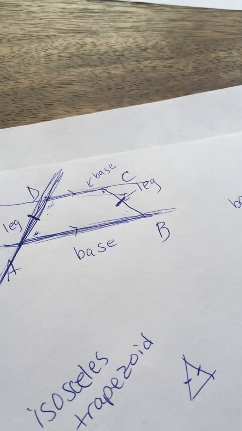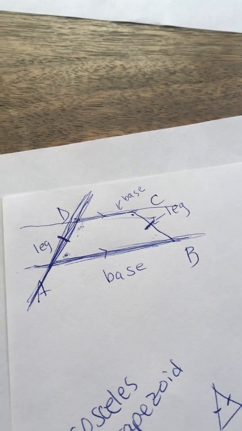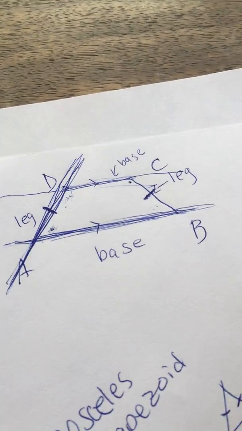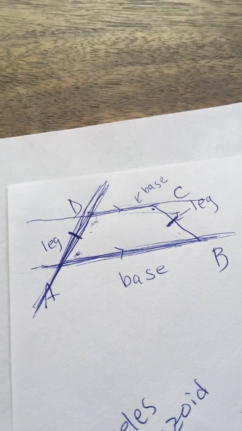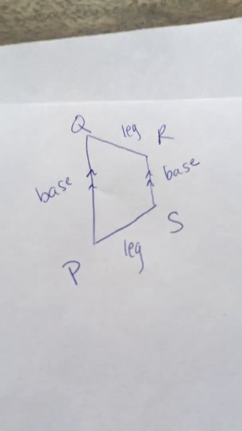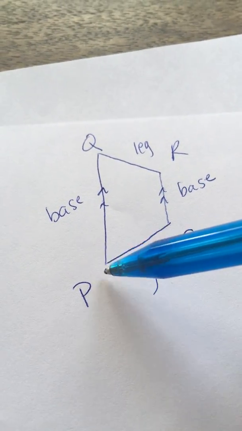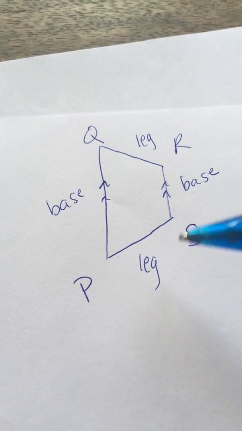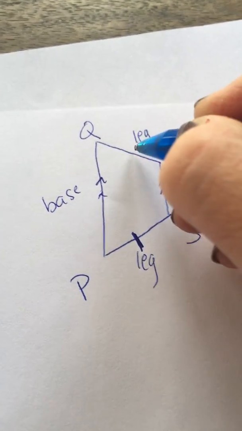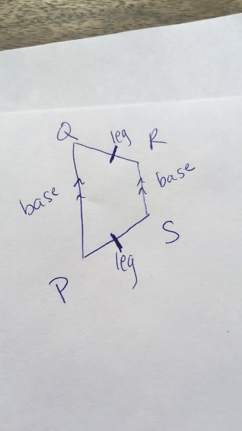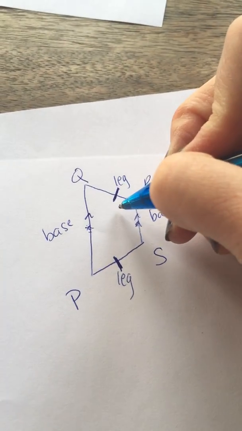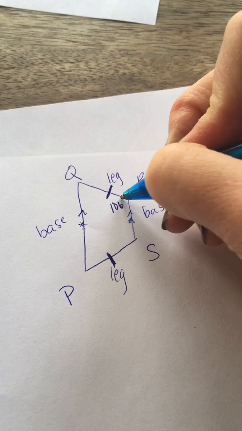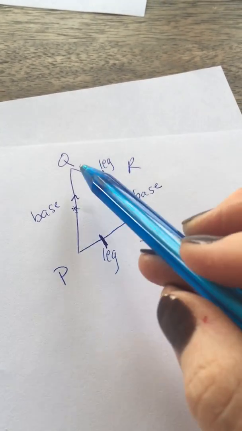Okay, let's look at the got it on page 390. You can work problem number 1 on your own. It's all worked out there for you. But let's look at the got it. It has trapezoid PQRS, and it's an isosceles trapezoid because your two legs are congruent, and you have these two bases that are parallel, of course. So if this angle measures 106, they want us to find the missing angles.